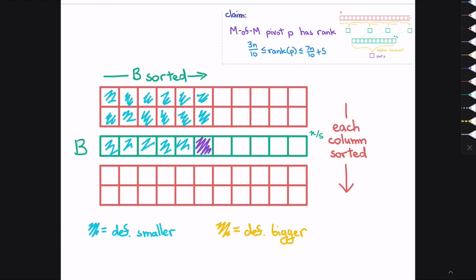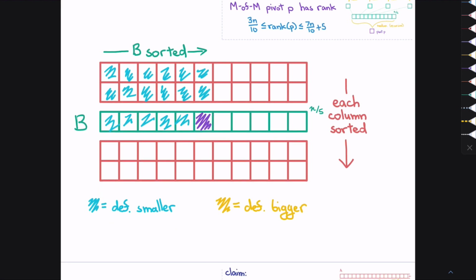So all of those elements are definitely smaller. Definitely bigger would be very similar. It would be all the elements on the right and beneath. Those are all the elements that are definitely bigger.